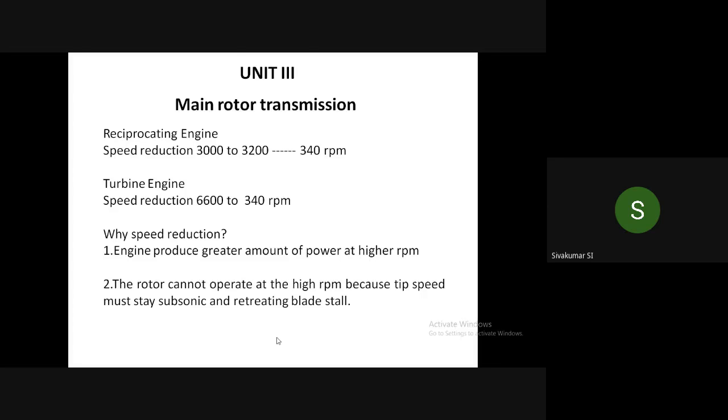Okay. Now, why is the turboshaft engine preferred for the helicopter? The turboshaft engine rotates at higher speed.